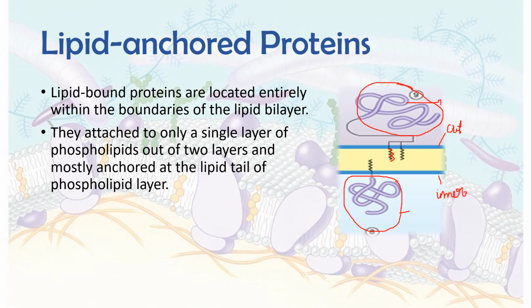So this is present at the extracellular space and this one is present at the cytosolic end of the cell. They attach to only a single layer of phospholipids out of the two layers and are mostly anchored at the lipid tail of the phospholipid layer.